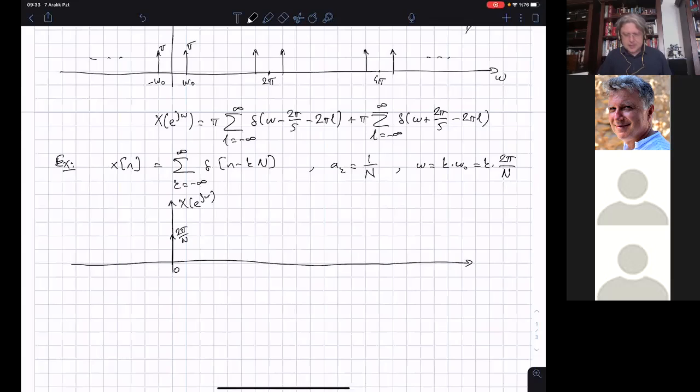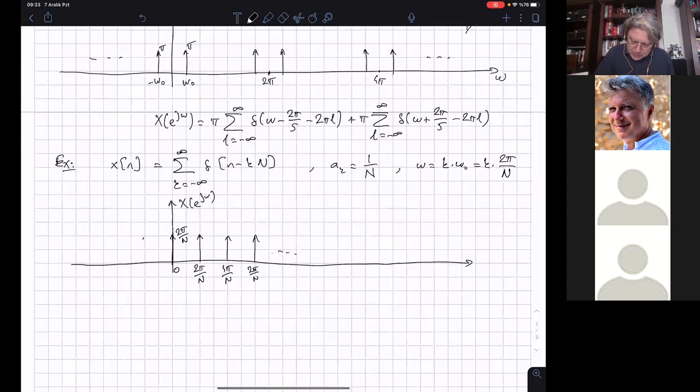Where is the next Fourier series coefficient? The next one is at 2 pi over capital N with the same magnitude. The next one is at 4 pi over capital N. The next one is at 6 pi over capital N. It goes on like this, indefinitely.